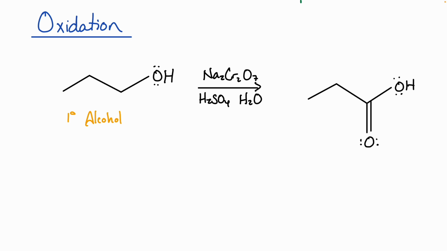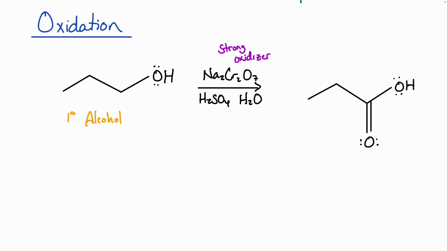All right, and remember that's because that strong oxidizer, let's just note we called this our strong oxidizer, would not only oxidize that primary alcohol once to an aldehyde, but it would then further oxidize it again to the carboxylic acid. You can't stop at that aldehyde step.